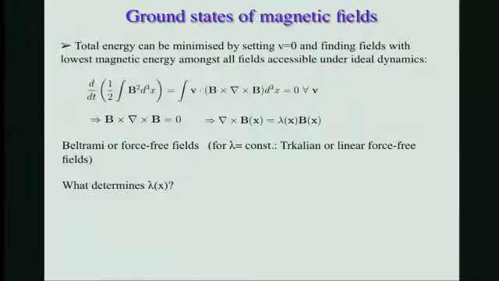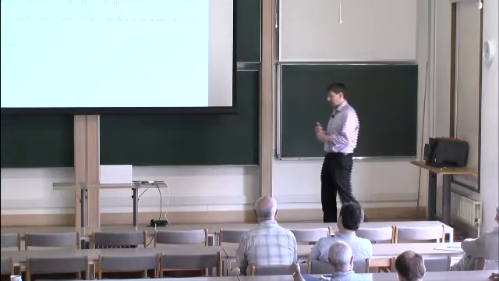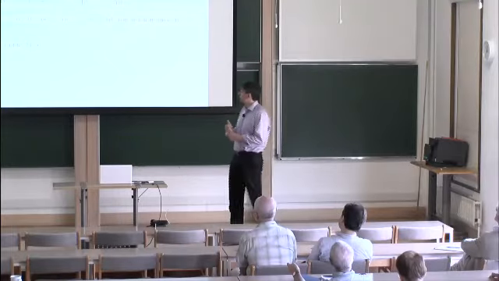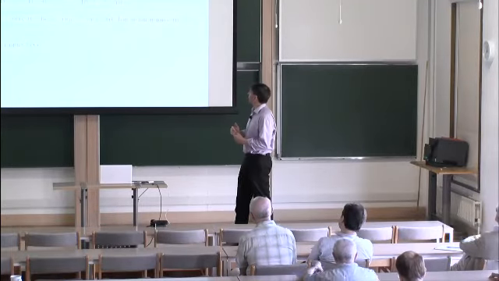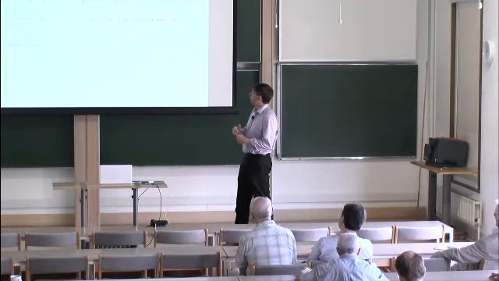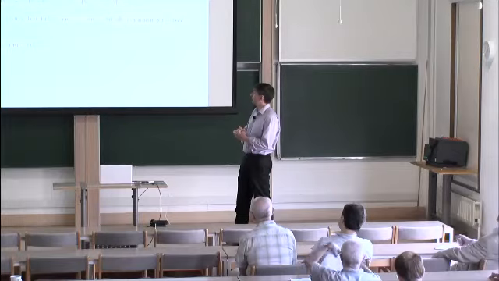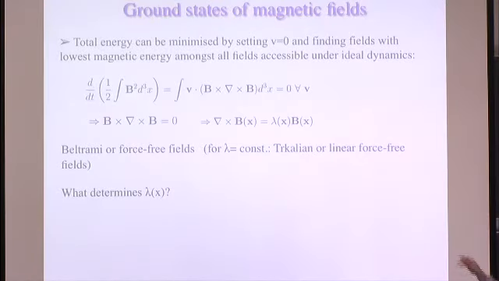So we can then minimize the energy of the overall system by setting the velocity to 0, that sets the kinetic energy to 0, and then we look for the stationary states or stationary points of the magnetic energy. So that yields then the so-called Beltrami or force-free fields.